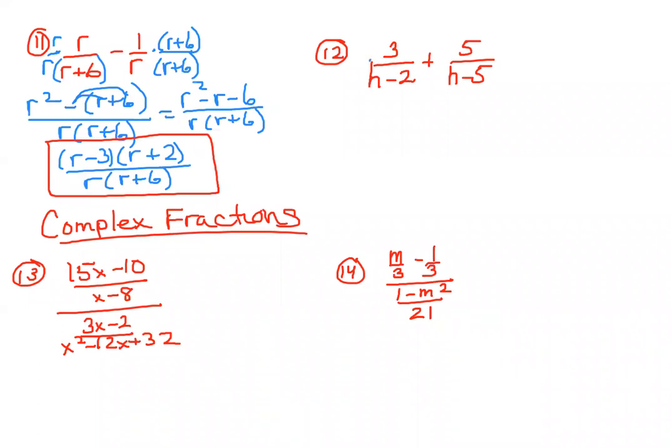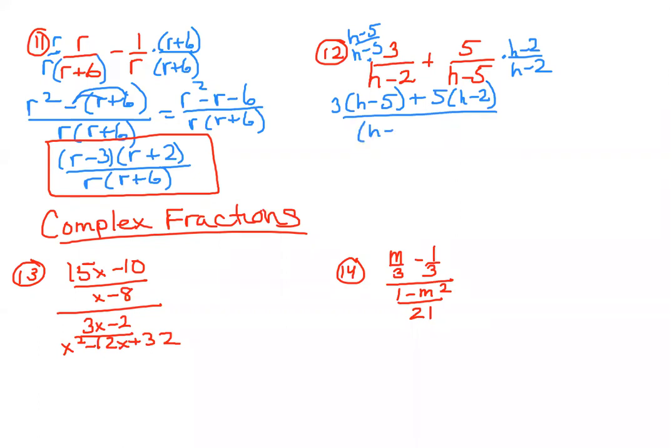We're going to have to multiply this one by h minus 5 over h minus 5, and this one by h minus 2 over h minus 2. So this first one becomes 3 times h minus 5 plus 5 times h minus 2 over h minus 2 times h minus 5.